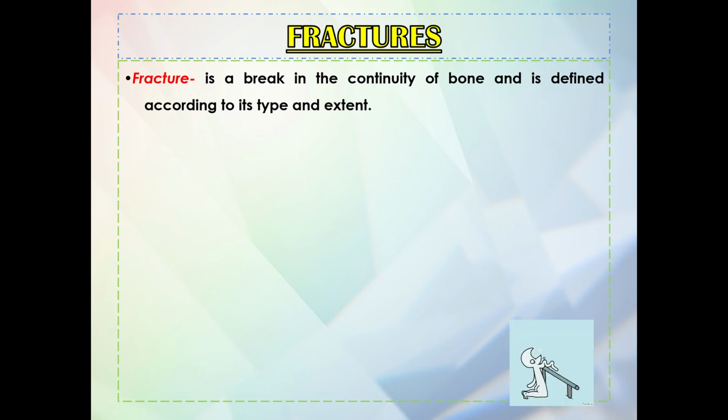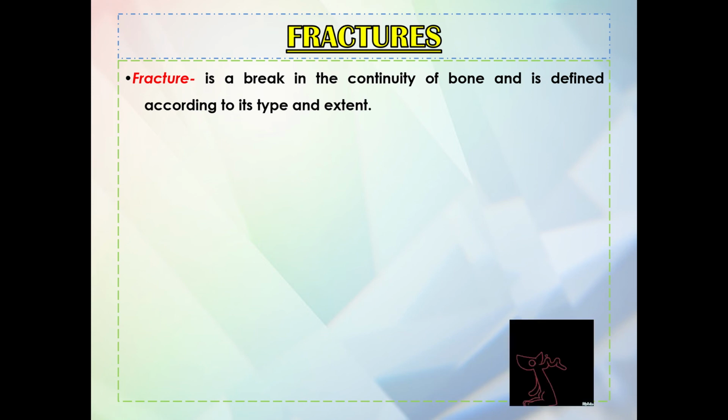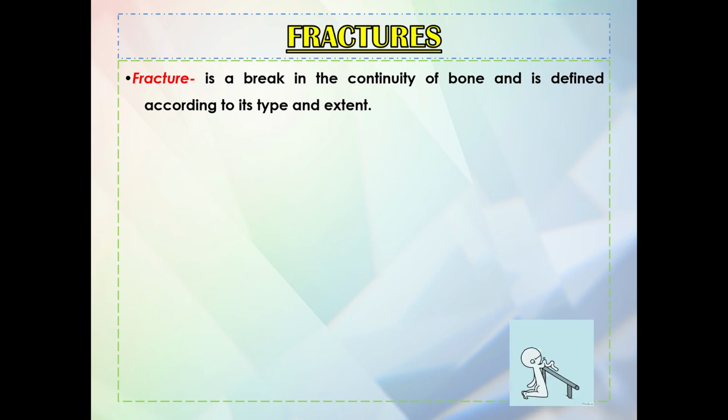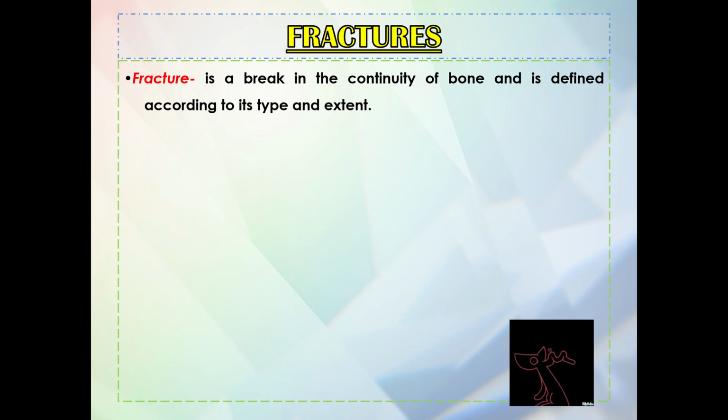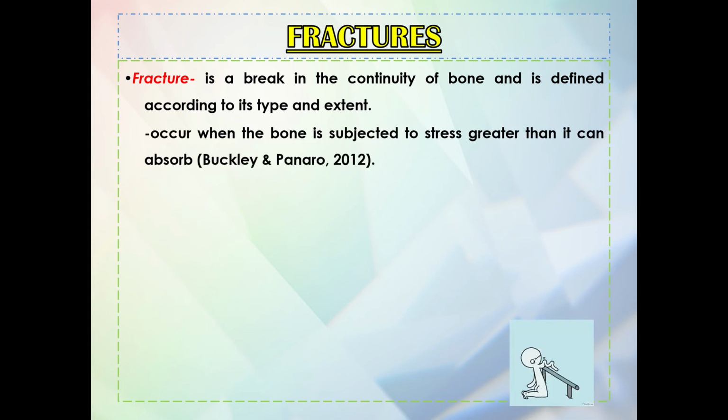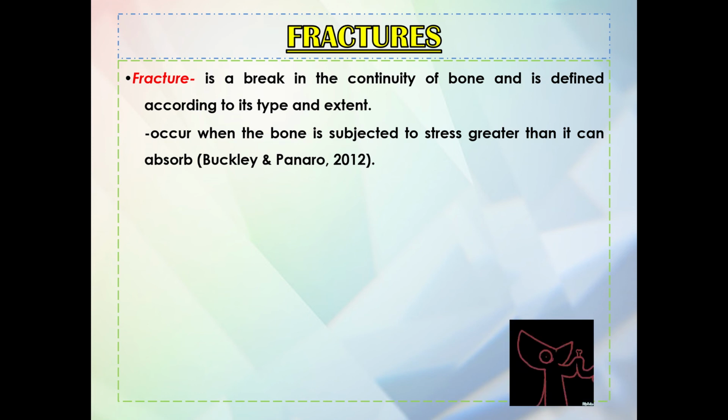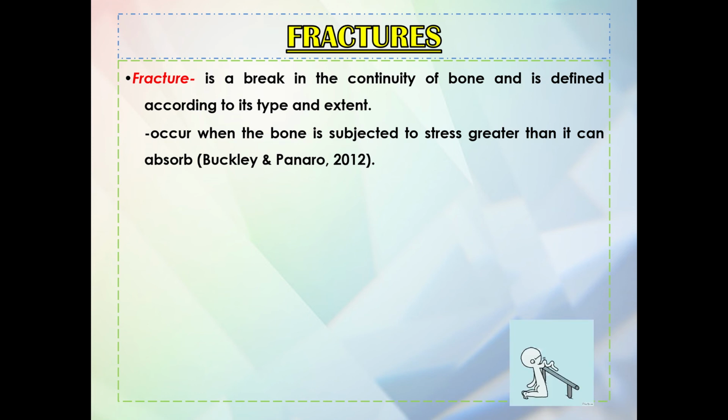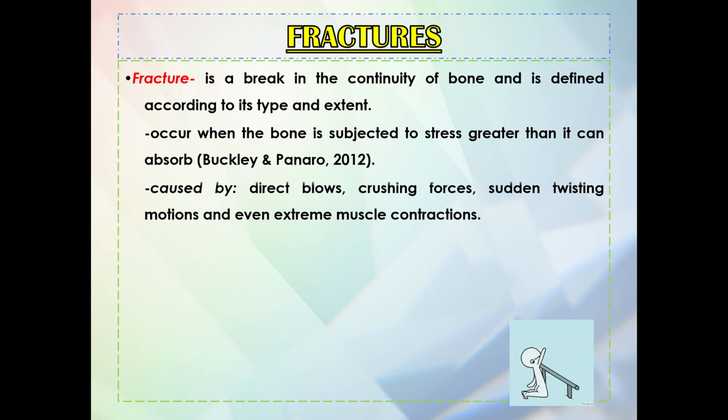So, kapag nagkaroong problema sa continuity of your bone, it may result in fracture, a break in the integrity or continuity of the bone. So that is fracture. It occurs when the bone is subjected to stress greater than it can absorb. So pag nagkaroon ng stress or trauma in your bone, tapos hindi niya na-handle, so it might get fractured.